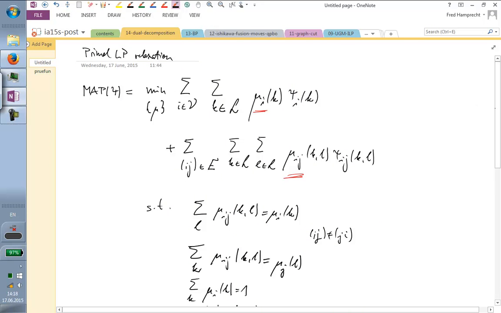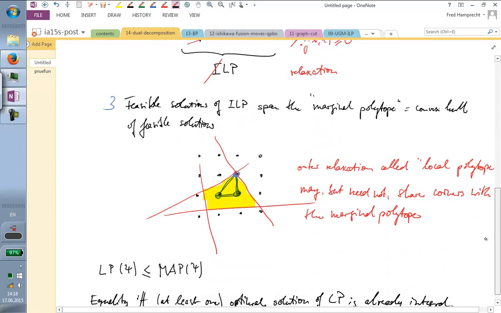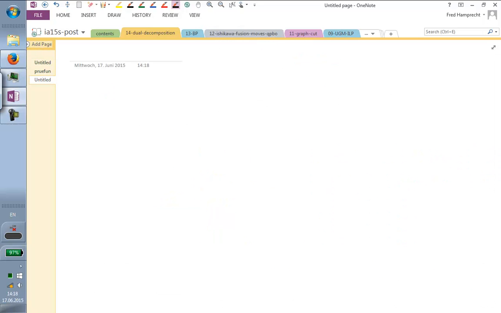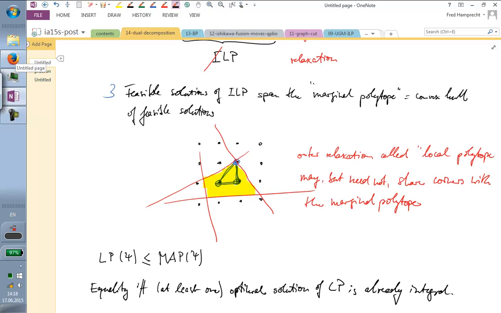Any questions so far? Okay, then we turn to the dual domain. I wrote that we have equality if and only if at least one optimal solution of the linear program is already integral. Oh, okay. I understand.